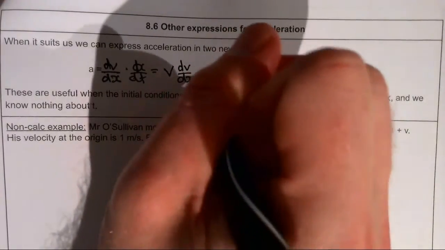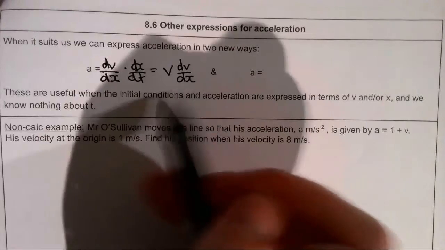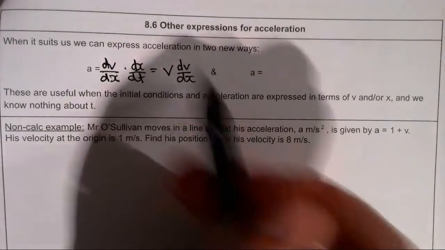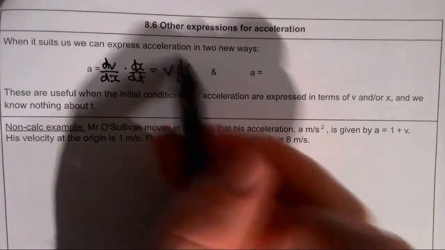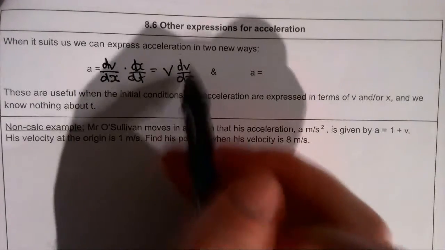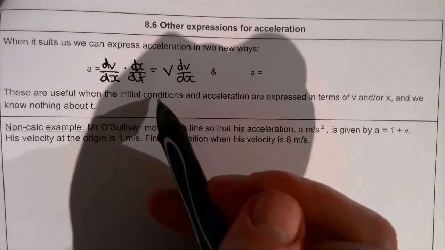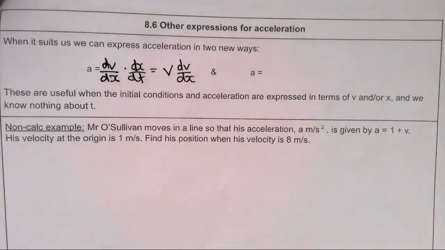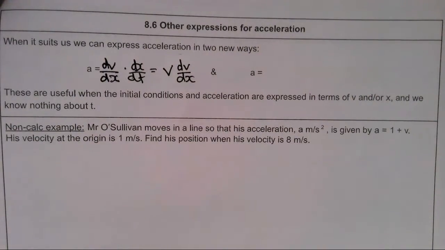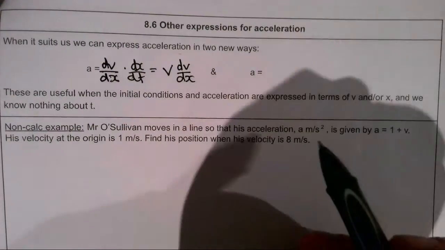So I can write the acceleration as v dv by dx, and the basic reason why we might do this is because this expression doesn't involve t at all, and we don't even need to think about time. We can solve a problem using kinematics just in terms of velocity, acceleration, and displacement without considering time at all.